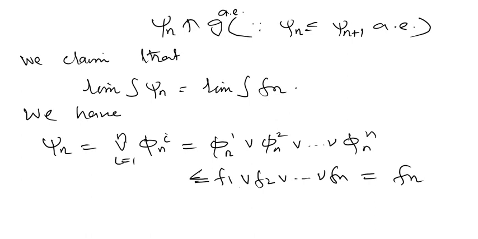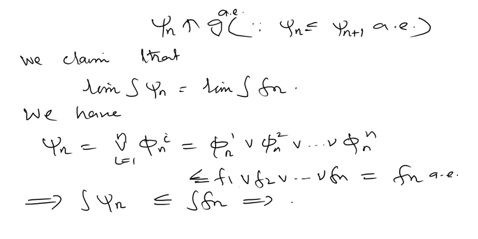Both psi n and fn are integrable functions, which implies that the integral of psi n is less or equal to the integral of fn. Everything here is almost everywhere, which implies that the limit of the integral of psi n is less or equal to the limit of the integral of fn. Name it 1. Now you want the reverse inequality actually.